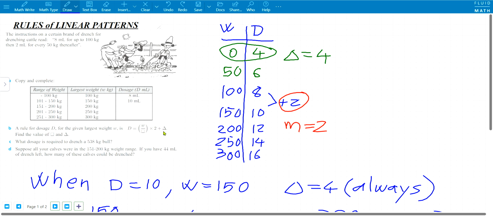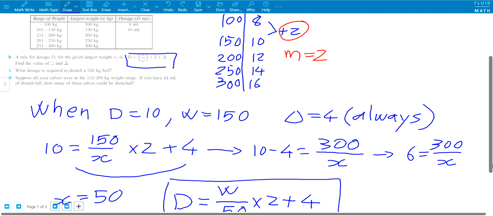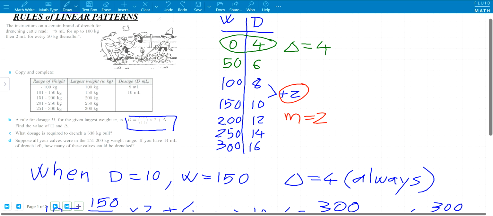Now, delta is part of this formula here, which I need to work out in the end. All right. Now I know at least one of the two things I don't know in the formula, the square and the delta.